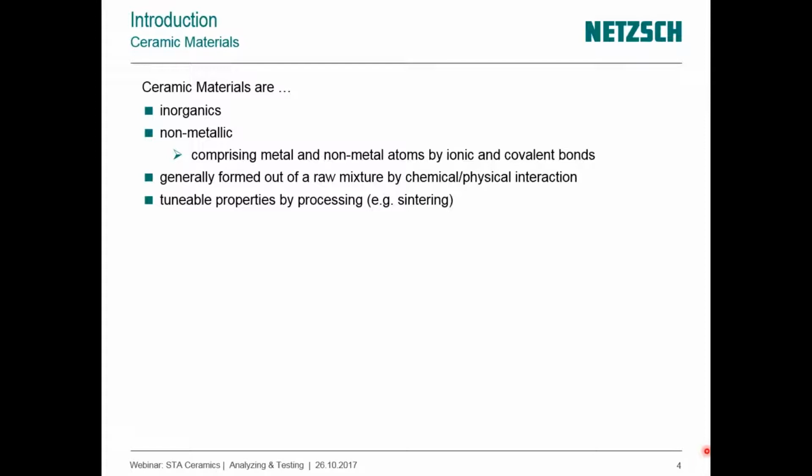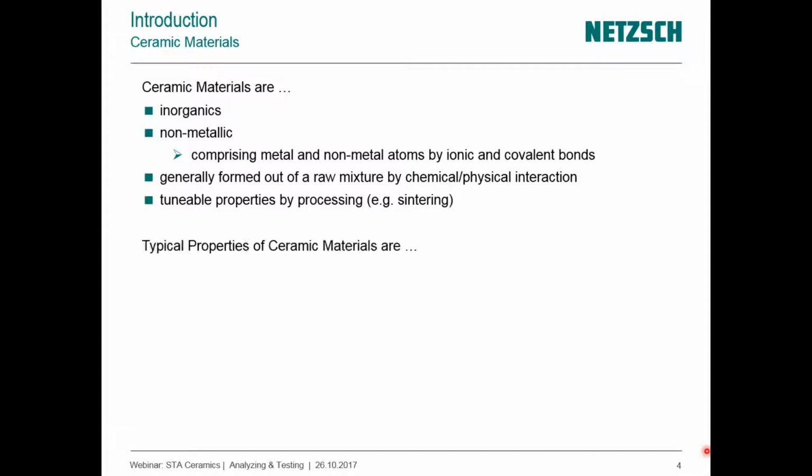The materials themselves are normally formed out of a raw mixture by chemical or physical interactions. These are normally processing steps like binder burnout processes, reaction processes, or one of the interesting points, sintering processes, which also allow us, for instance, to tune the properties of the material.